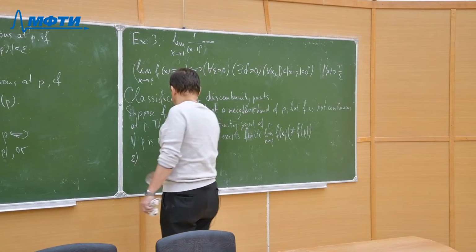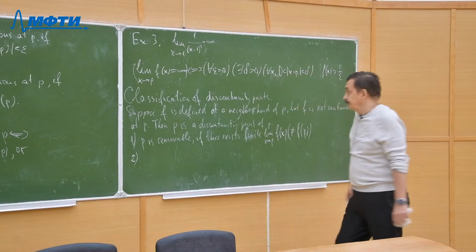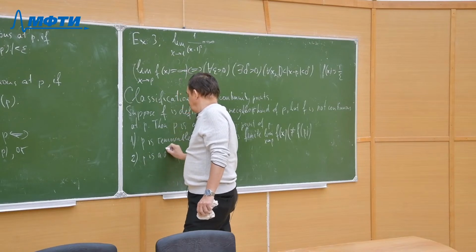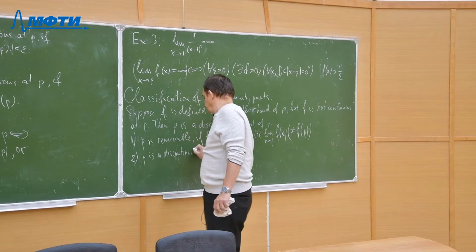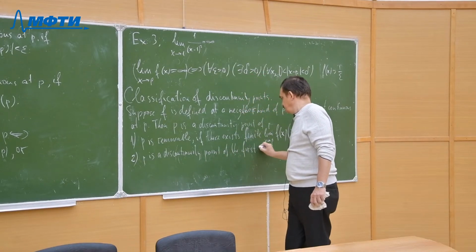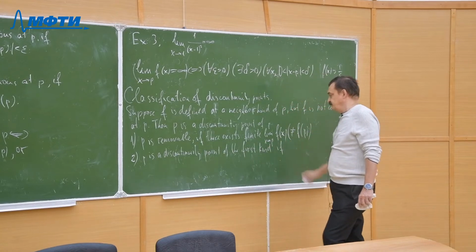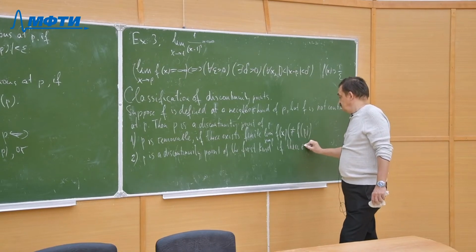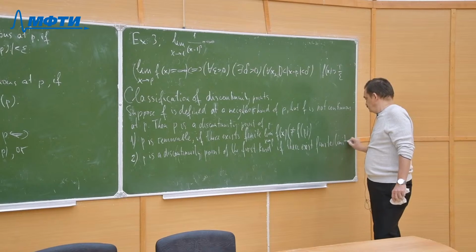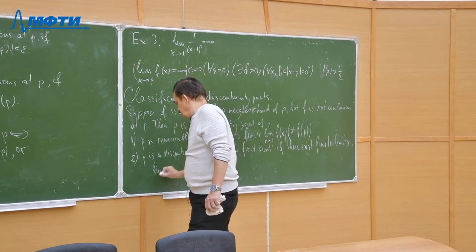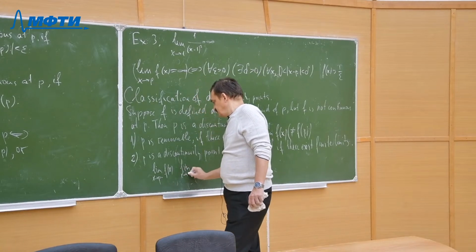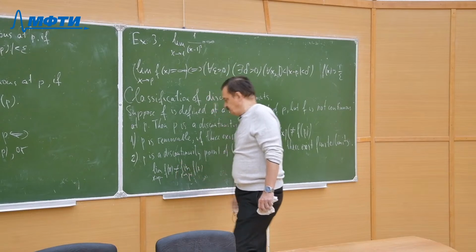Okay? Second, P is a discontinuity point of the first kind if there exist finite limits, limit as x tends to P minus of f of x and limit as x tends to P plus of f of x, but of course they should not be equal to each other.